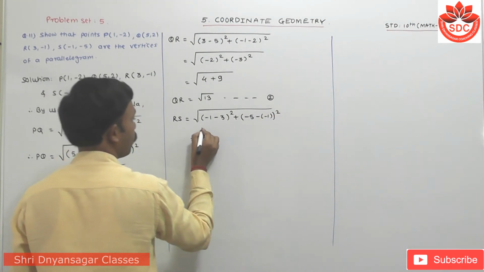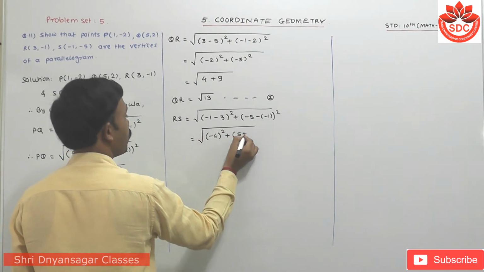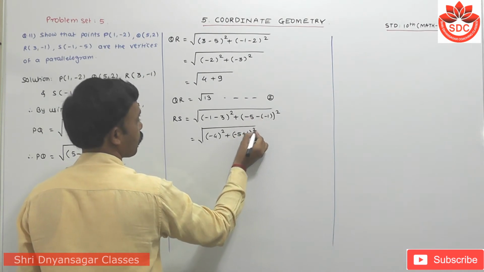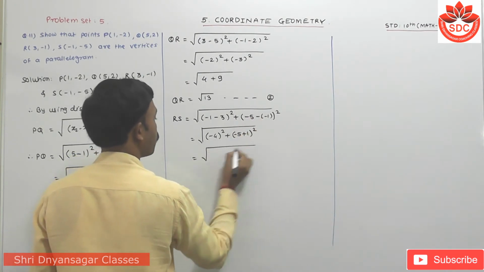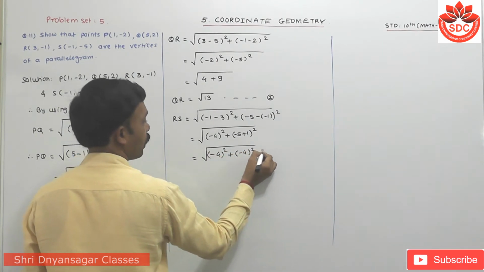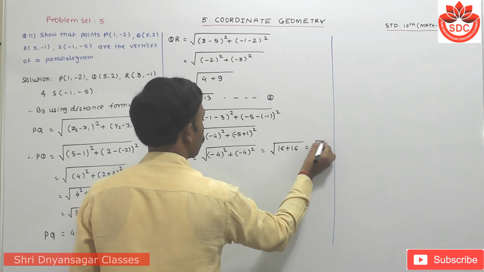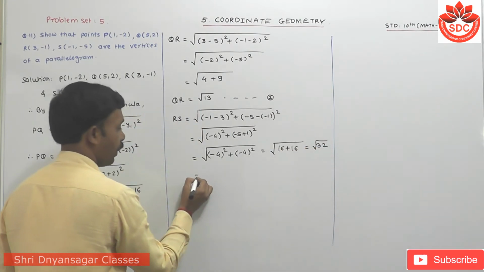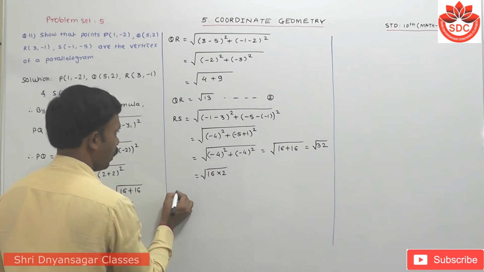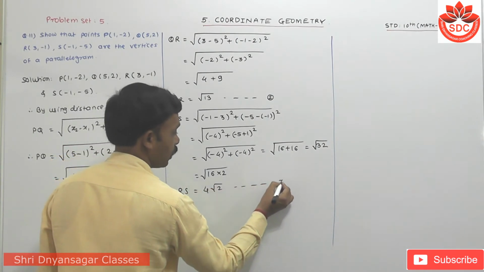Then this value becomes minus 4 square plus minus 4 square, which is root of 16 plus 16, equal to root of 32. I have to factorize this again, root of 32 is 16 into 2. Then RS is equal to 4 root 2. Suppose that this is equation number 3.